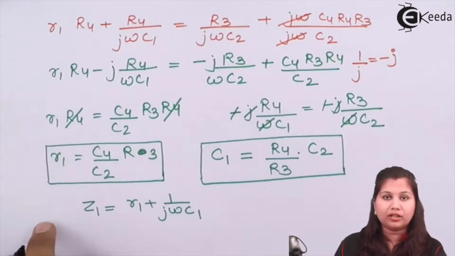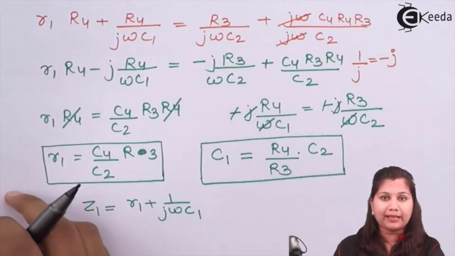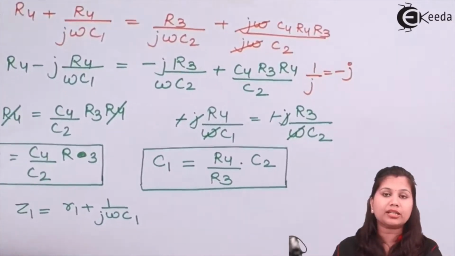Now other than this capacitance, this Schering bridge can also measure another factor which is called the dissipation factor. This dissipation factor is calculated for the storage elements like the capacitor and the inductor, and it represents the loss component in the capacitors.